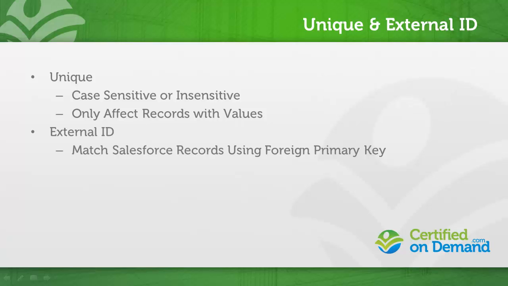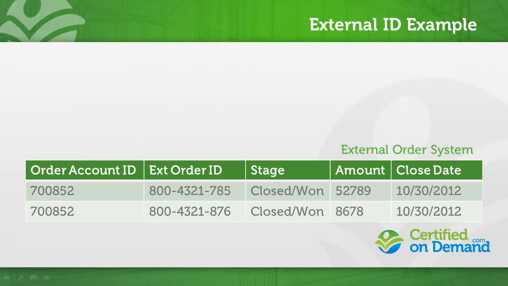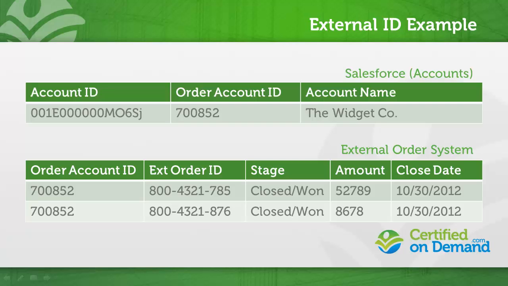An external ID allows you to upsert data into Salesforce using an external primary key. Let's say that I'm importing orders from an external system into Salesforce as opportunities. I have the account ID from the order system, but not the Salesforce ID, along with the rest of the opportunity details. In Salesforce, I have the Salesforce account ID, along with the account ID of the external order system.